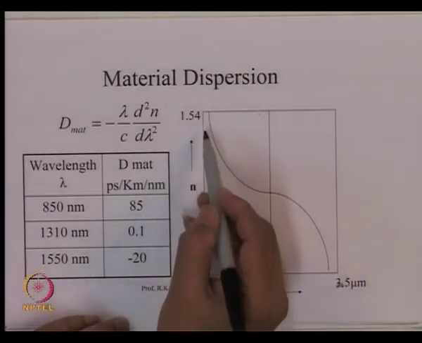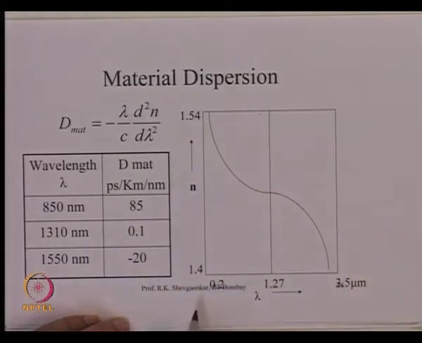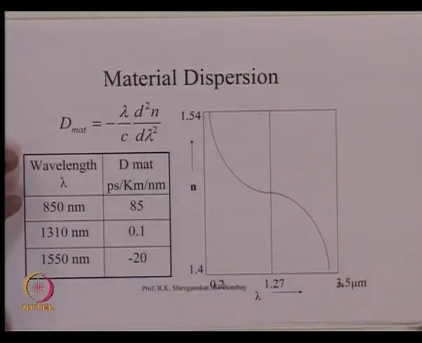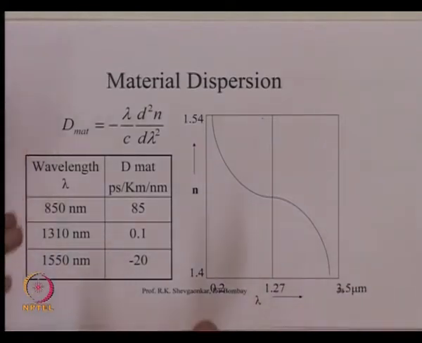So the refractive index decreases, but the decrease in refractive index is not linear. It has a variation something like this. That is the measured fact for glass, that is the variation of refractive index.